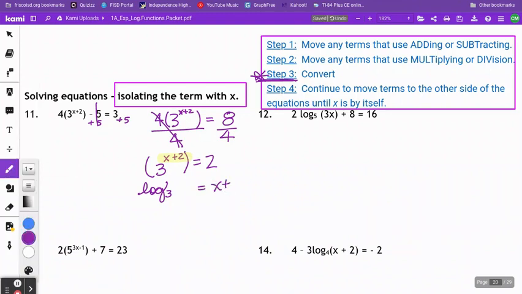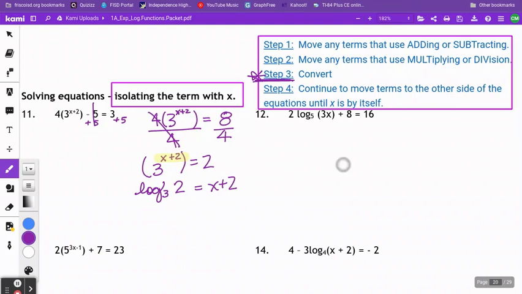So x plus 2 goes over here. And then the 2 is my argument. Okay, so I'm getting closer to my goal, which is to get x by itself and everything else on the other side. But now I have the plus 2 that's bothering me, so that brings me to step 4.